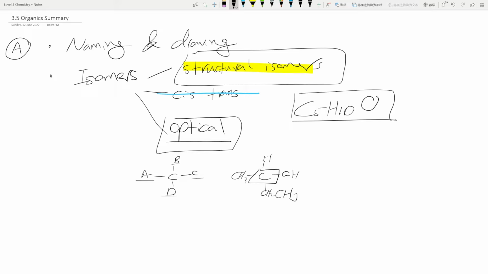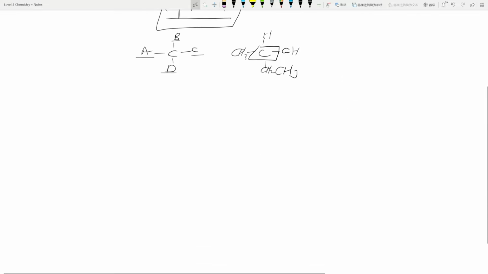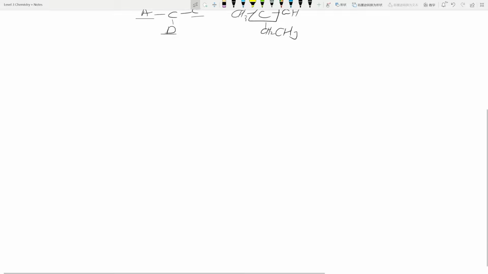So they are mirror images, and the only way to differentiate them is to shine a plane of polarized light through that structure, through the molecule, through the liquid, and then one particular isomer will rotate it one way clockwise, and the other one will do anti-clockwise. Okay, so that's kind of like a merit-ish type of question for the optical isomers: being able to explain, being able to draw them, being able to explain how you differentiate them. That's kind of like a merit question.